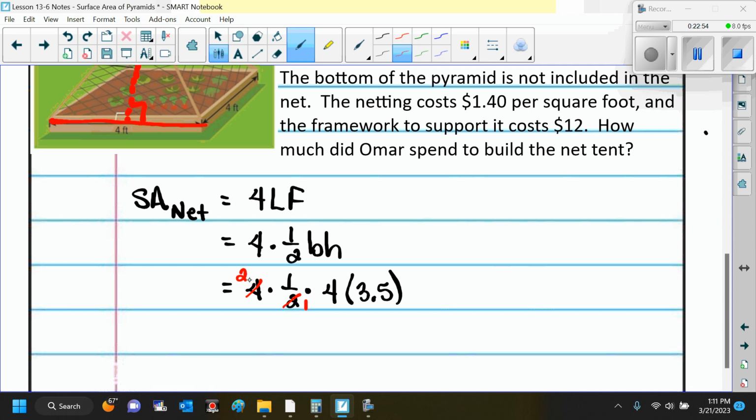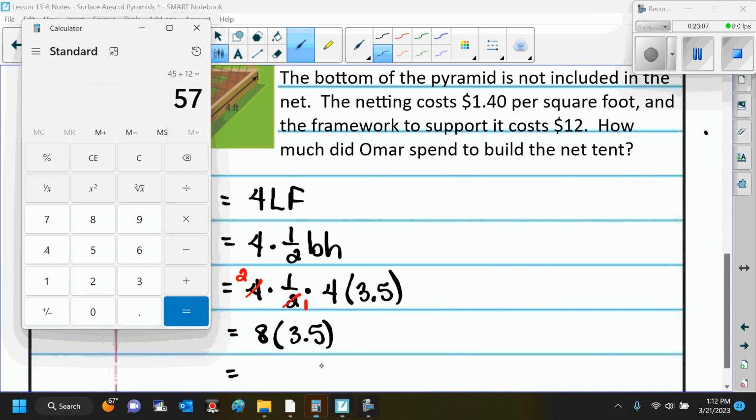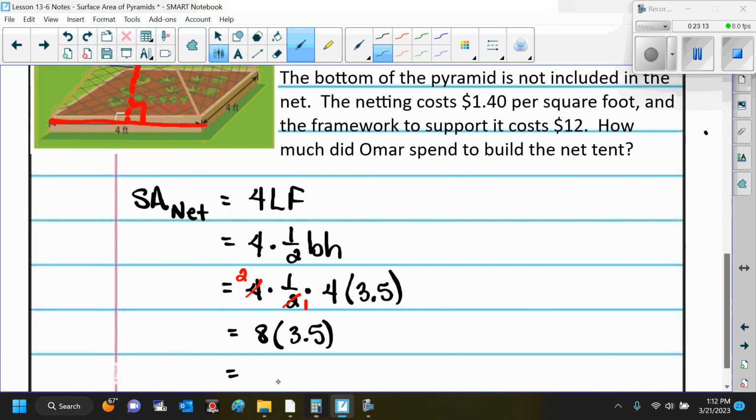And then you have 2 times 4. 2 times 4 is 8. And now we're multiplying that times 3.5. So we've got 3.5 times 8, and that gives us 28. So this is going to be 28 feet squared.